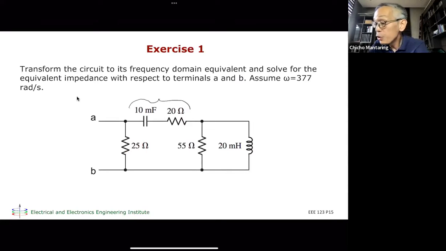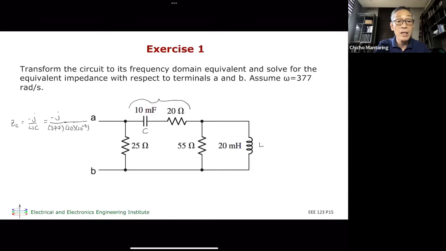Z's of C. Let's say this is my capacitor C, this is my inductance L. Z's of C is equal to minus J over omega C. So this is minus J over 377 multiplied by 10 times 10 to the minus 3, because this is 10 millifarads.